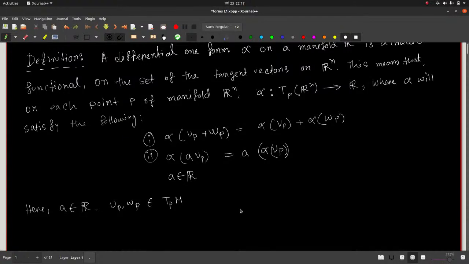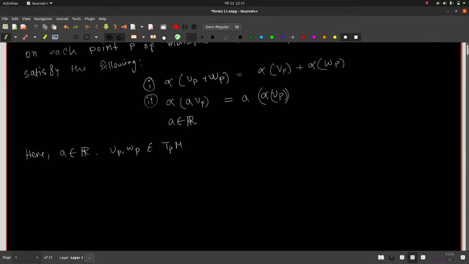Now, if you recall from our previous lectures, whenever we talk about a vector space, we also have to discuss its dual vector space as well. So let me give a very brief review of what a dual space is. This is a brief review about dual spaces or dual vector spaces.